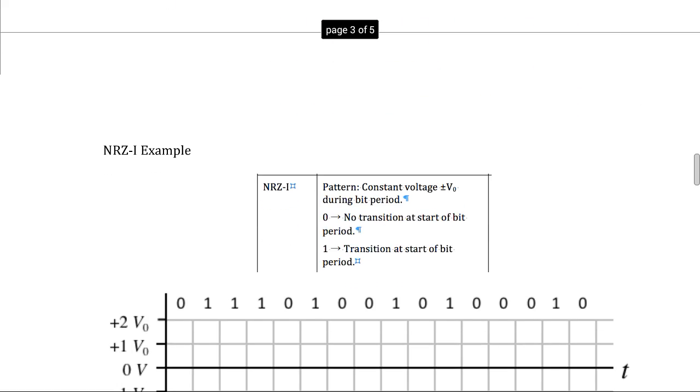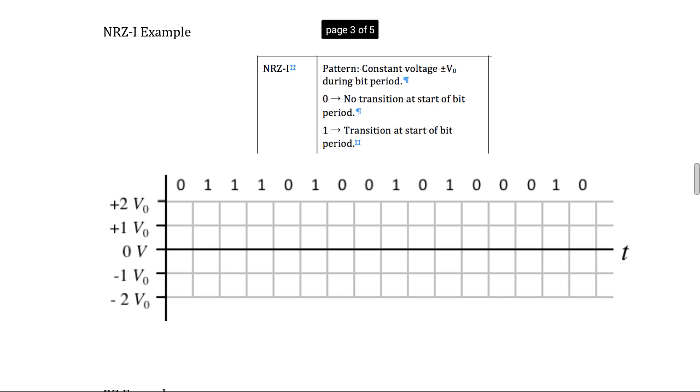Let's see here. NRZI, the I stands for inverted. The rule is that during the bit patterns we have a constant voltage, either plus or minus V naught. And NRZI is kind of tricky because here we have, for a 0, no transition at the start of the bit period, and for a 1 we have a transition. Okay, and so the trick to doing this one is to draw the transitions first, basically.